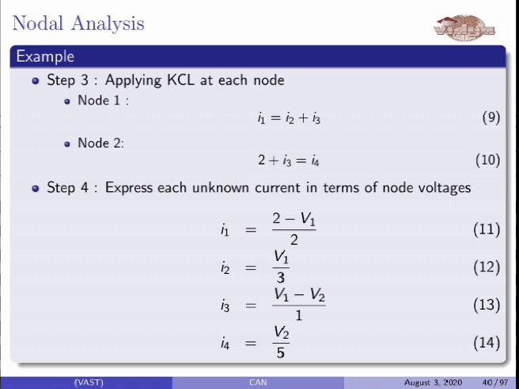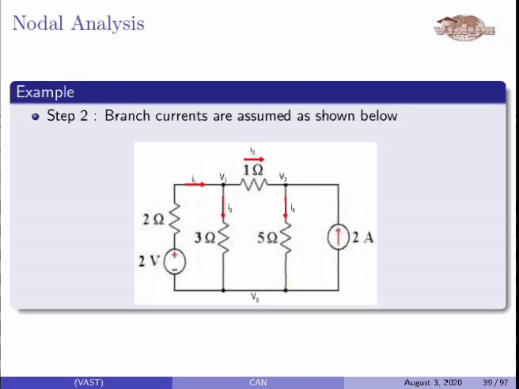Then we have to express each of these currents I1, I2, I3, I4 in terms of node voltages. How to express that? Let us look back. Here I1 is the current flowing through the 2 ohm resistance. So you have to look into the 2 ohm resistance.